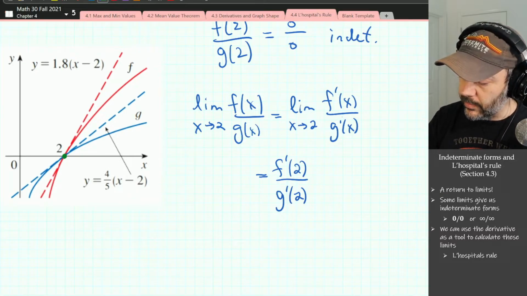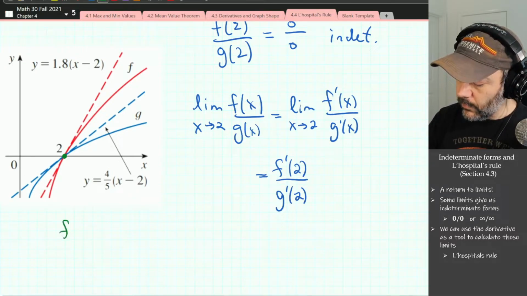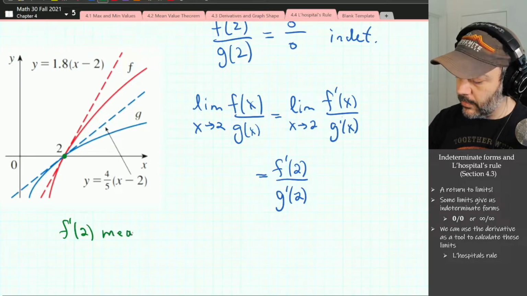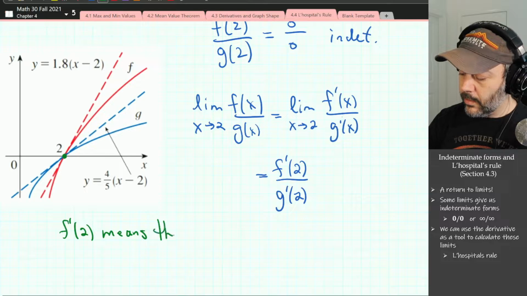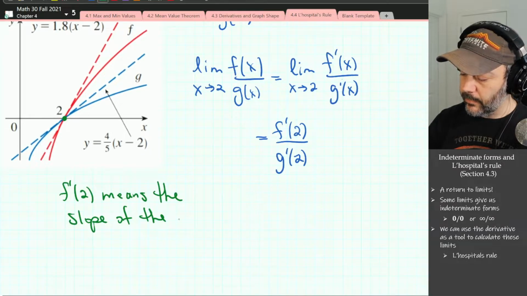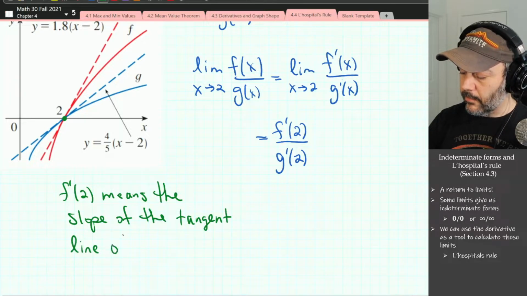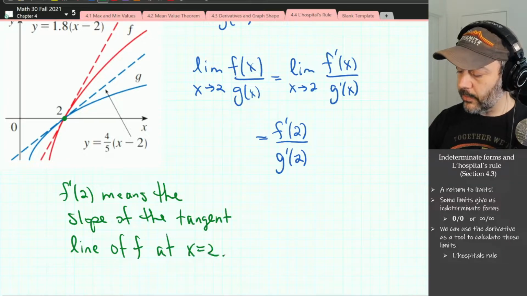Let's remind ourselves, f prime at 2 means the slope of the tangent line of f at x equals 2.